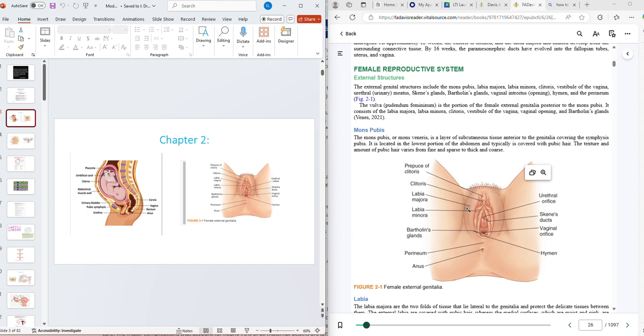So, looking at a live patient, of course, we have our clitoris. The large folds on the outside of the vaginal orifice is the labia majora. The thinner ones on the inside is the labia minora. Then you have the vaginal vault here with different glands.